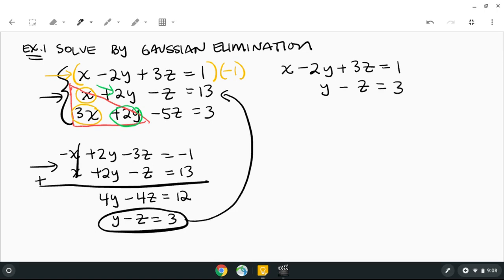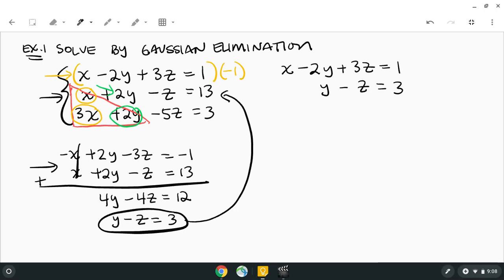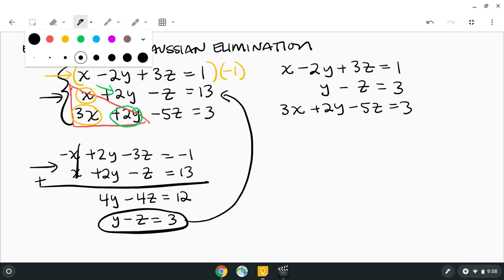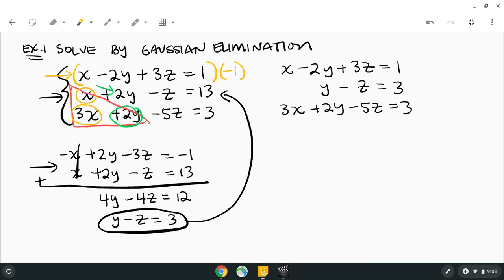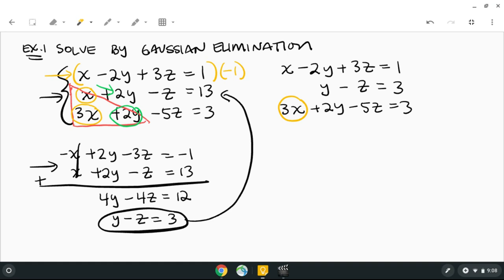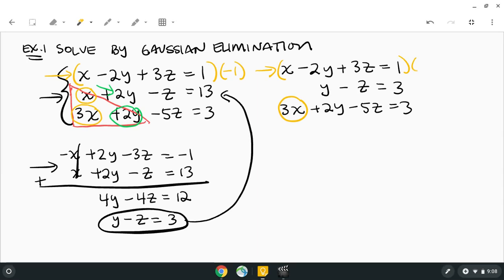And now I have that 3x plus 2y minus 5z equals 3. So now I need to eliminate this one using that x, which means now I need to multiply that by -3 in order to cancel out that 3x.